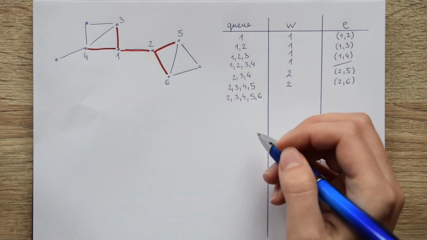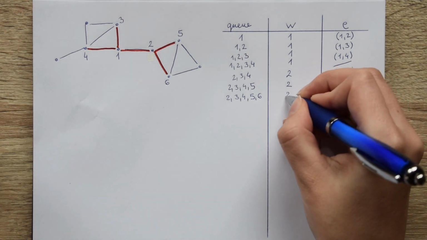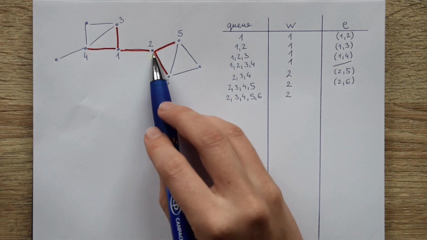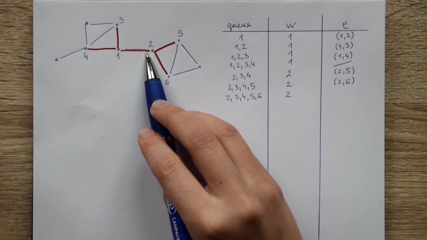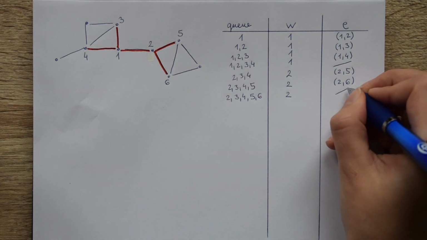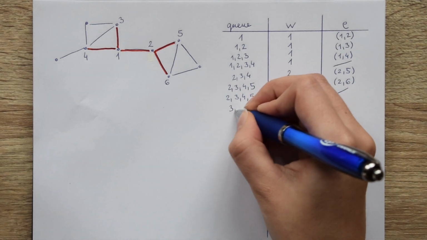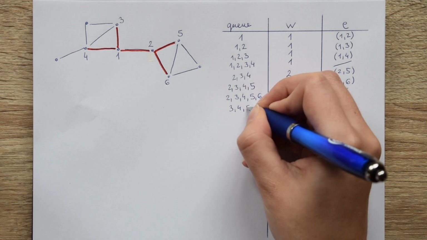I'm still discussing the first node in queue, it's 2. But there isn't any unmarked edge and node I can get from node 2 in one step. So I remove node 2 from queue. In queue I have now nodes 3, 4, 5, and 6.